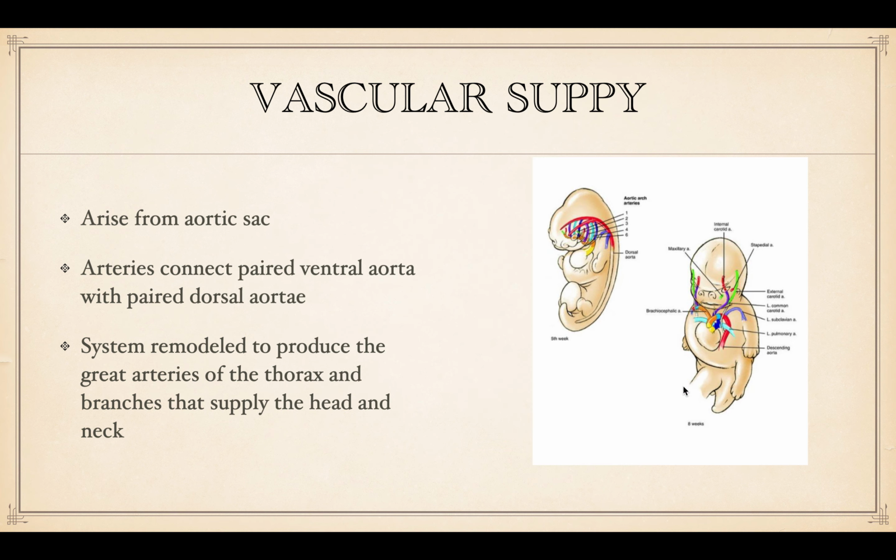All the veins in the body really arise from the aortic sac, and then the arteries will connect the paired ventral aorta with the paired dorsal aorta, as you can see here. The system will remodel to produce the great arteries of the thorax and the branches, which will eventually supply the head and the neck.